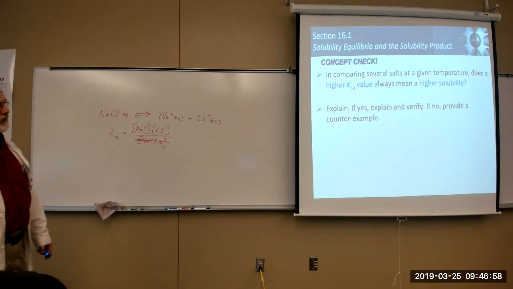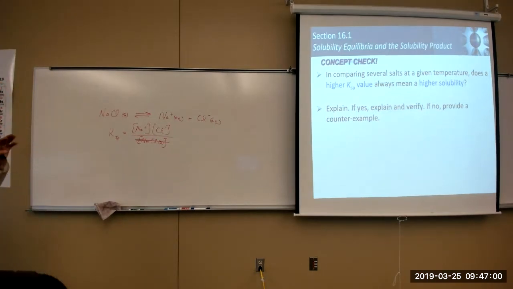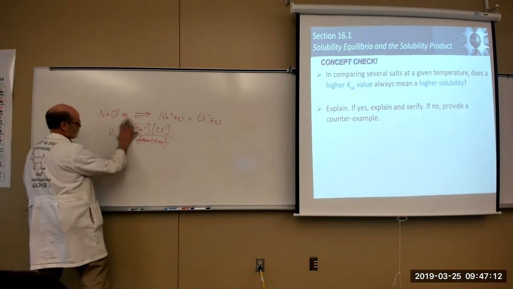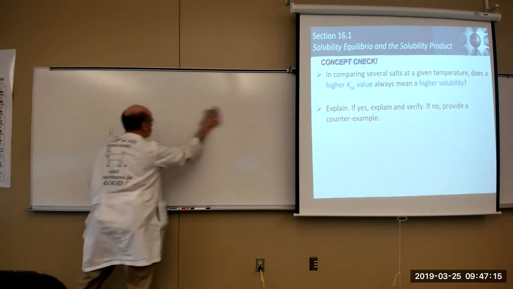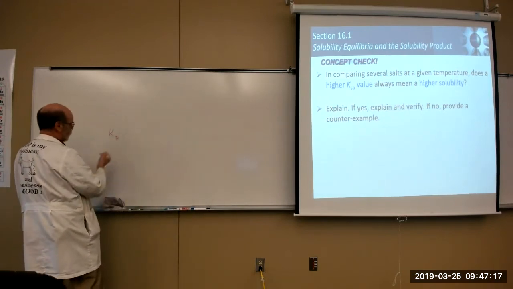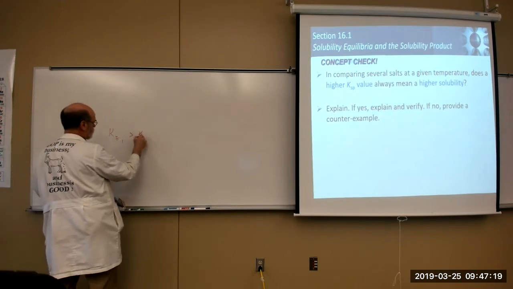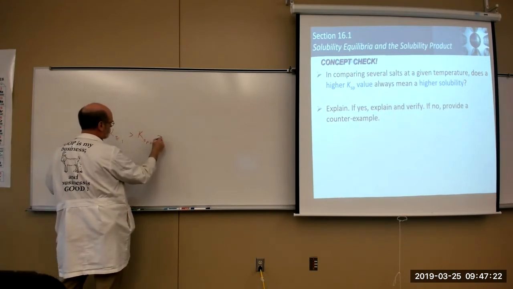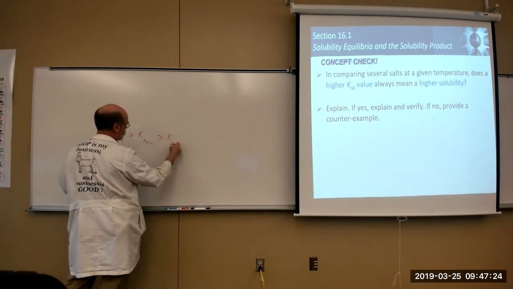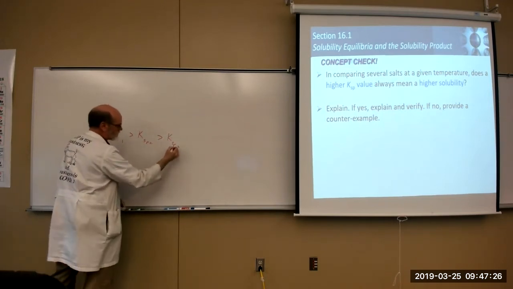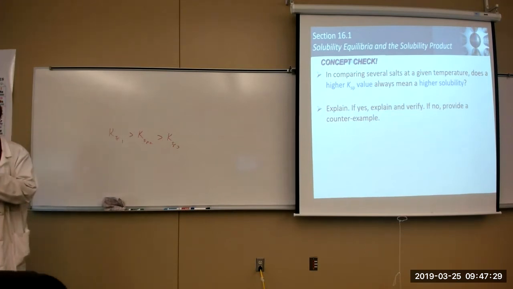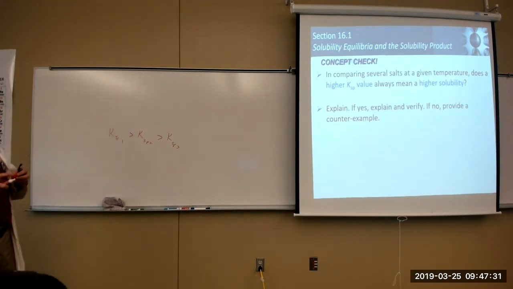Okay. So if we have several salts at a given temperature, and we have a list of K values. So say K of this one is greater than K of this one is greater than K of this one. Just for argument's sake, we have 3 different salts, and we compare their K values.